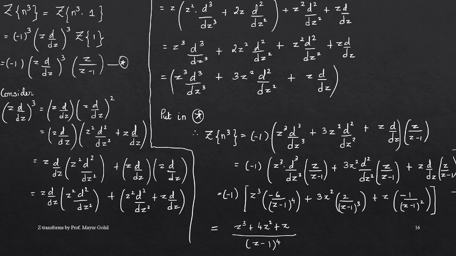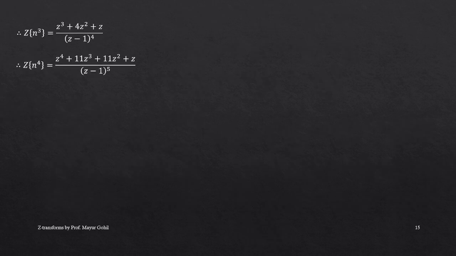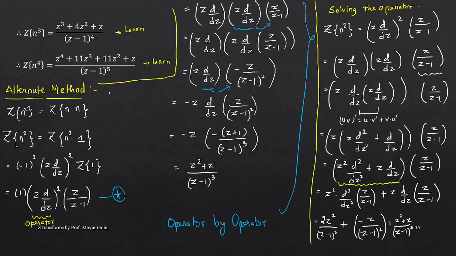So I hope you have followed this example. And similarly, you can find the value for n raised to 4. Okay, this is how the whole thing is done. I have given you the answer in the previous slide here. So that is the n raised to 4.